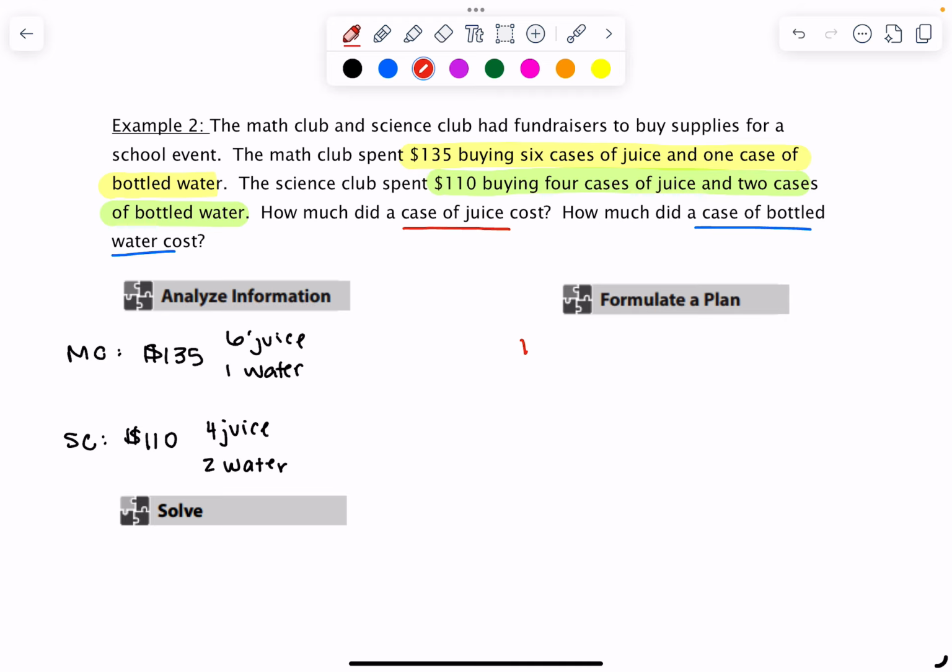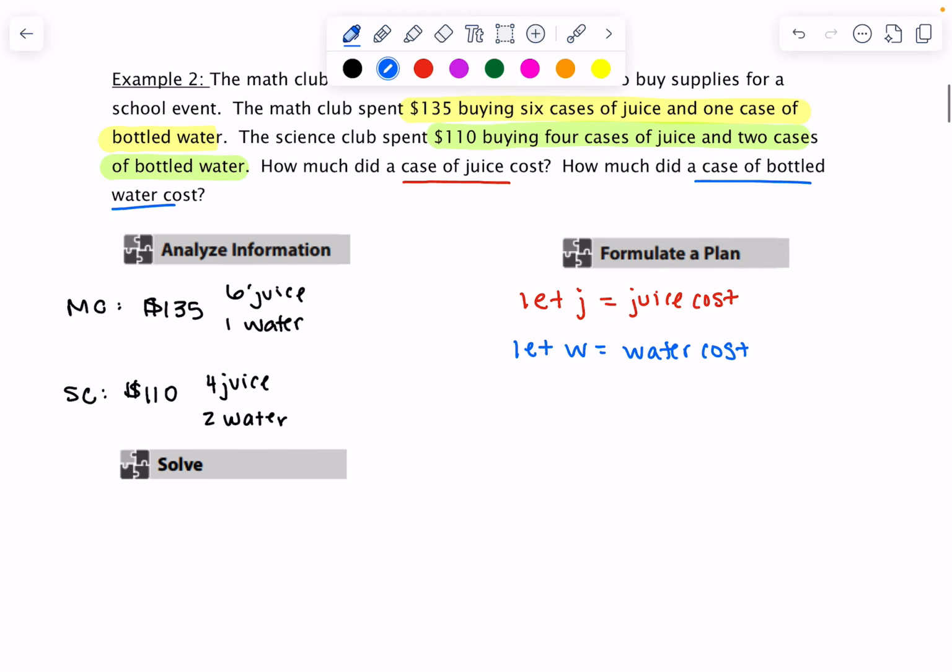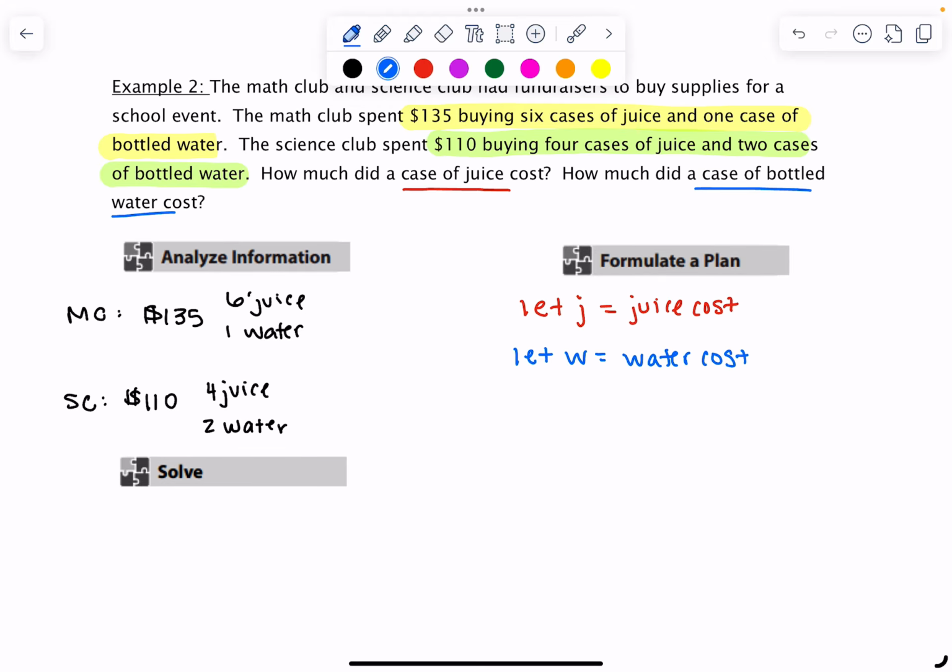So I'm going to say let J equal juice cost and let W equal the water cost, because I don't know what those 2 things are. Okay. Now, when I go to find my equation, the nice part about this problem is that I'm adding costs together. I'm adding the cost of the juice plus the cost of the water, and I'm spending a certain amount of money.